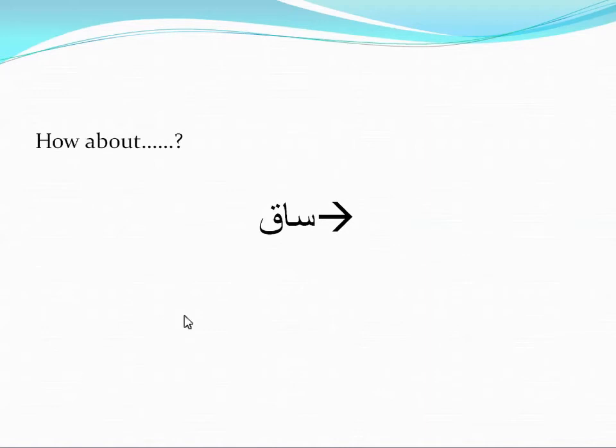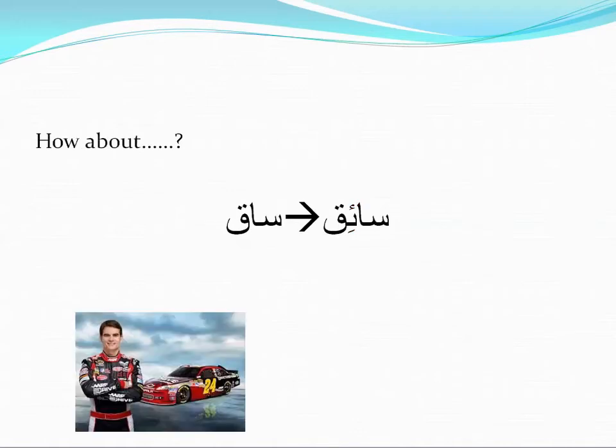For example, the verb saqa means to drive, as in to drive a car. So if we want to know driver, we'll just use the same pattern we used here, substitute our root letters, and of course we get sa'iq. Sa'iq is a driver, okay, one who drives.